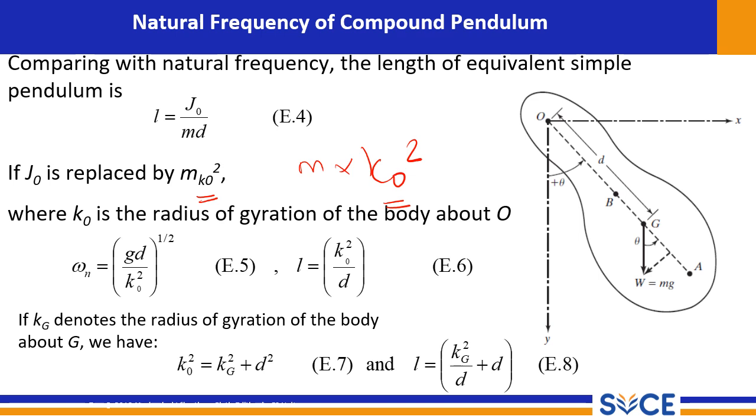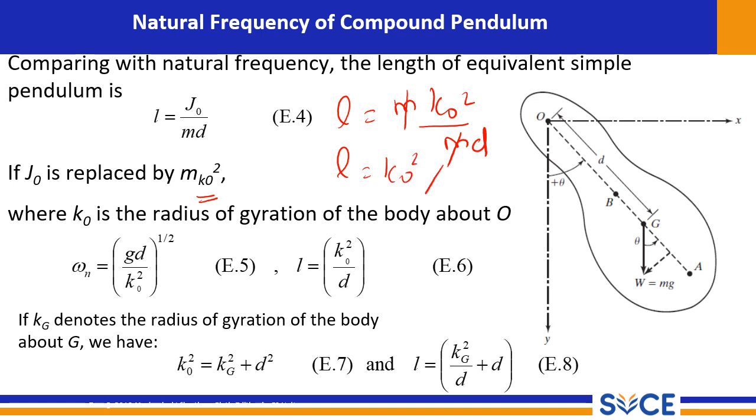L will be M K naught square divided by M D. Hence, we can cancel M. So L equals K naught square divided by D.